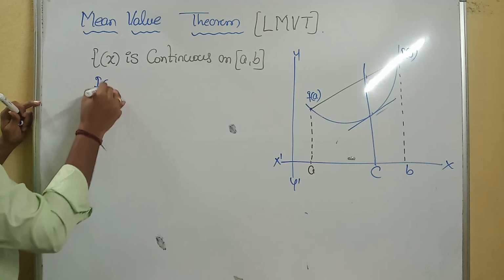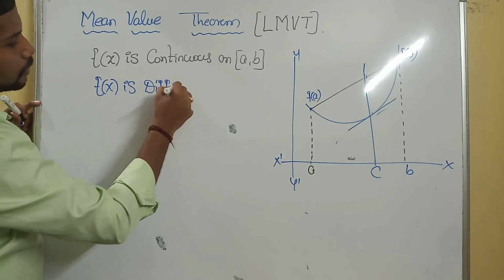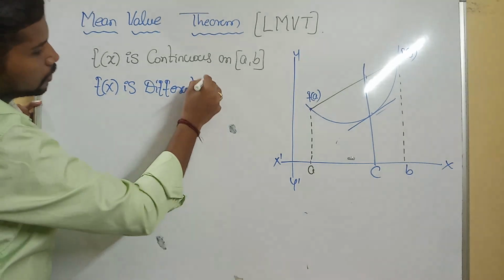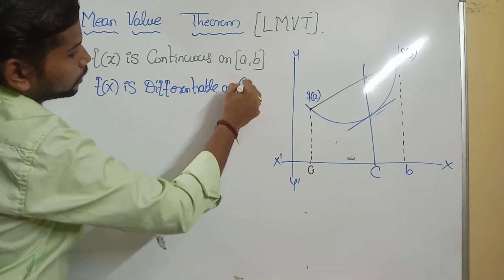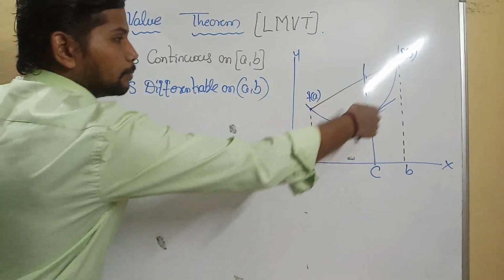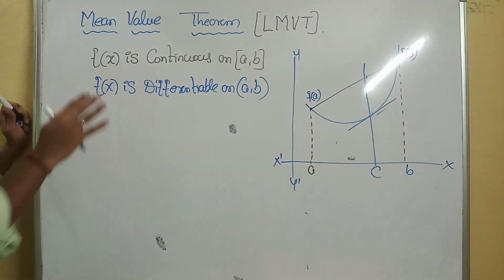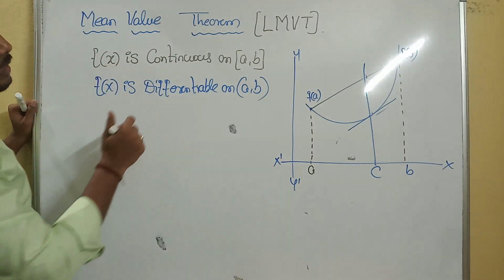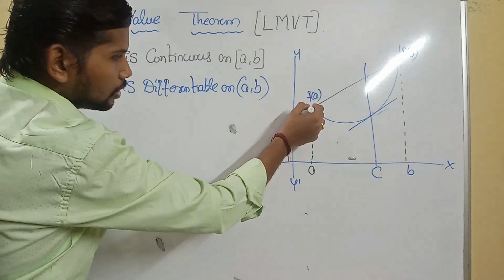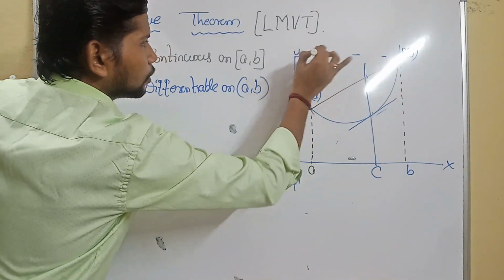F of x is differentiable on open interval AB, means endpoints are excluded. In between a and b, for all the points it is differentiable, means left hand derivative is equal to right hand derivative. The next condition: this is the f of a value on the y-axis, this is the f of b value on the y-axis.